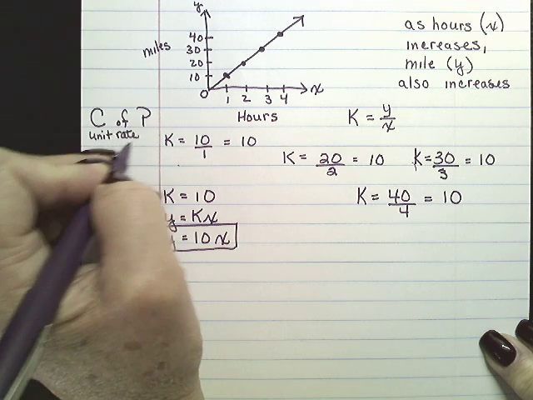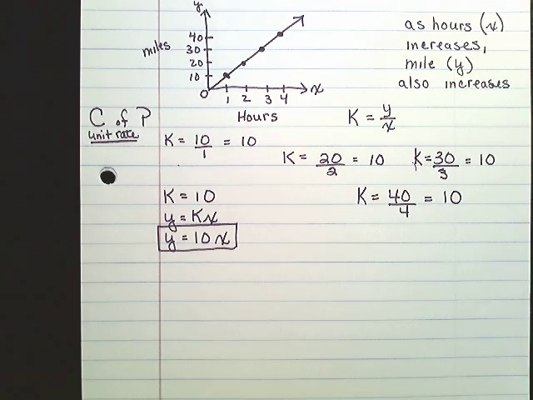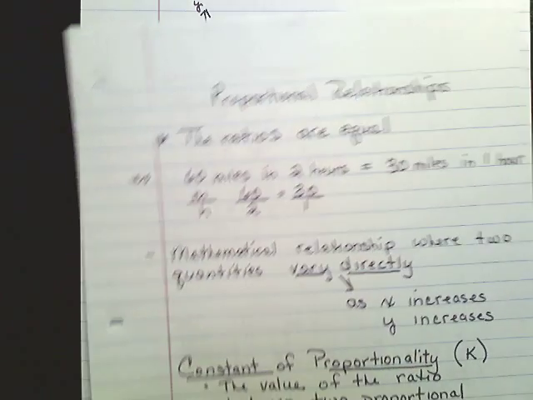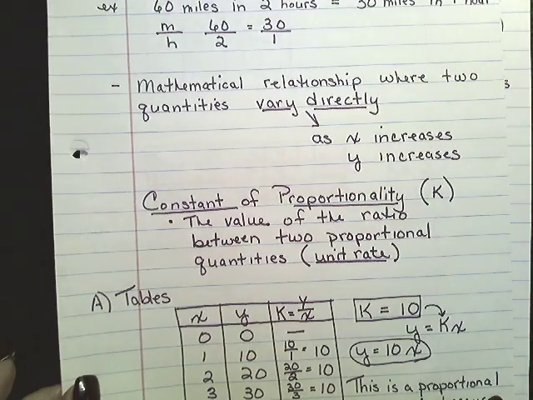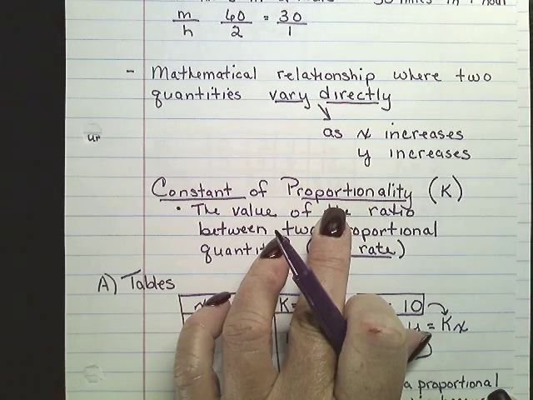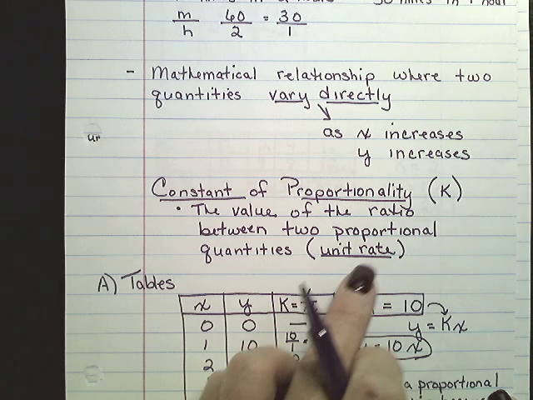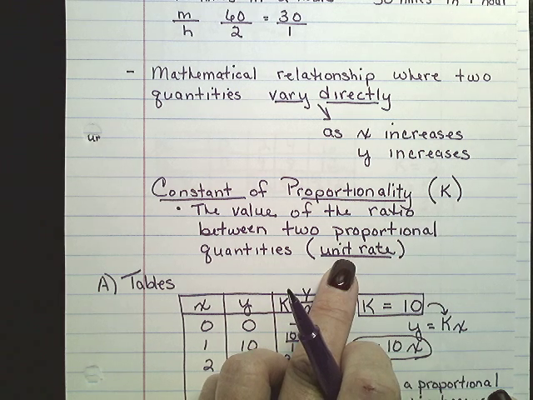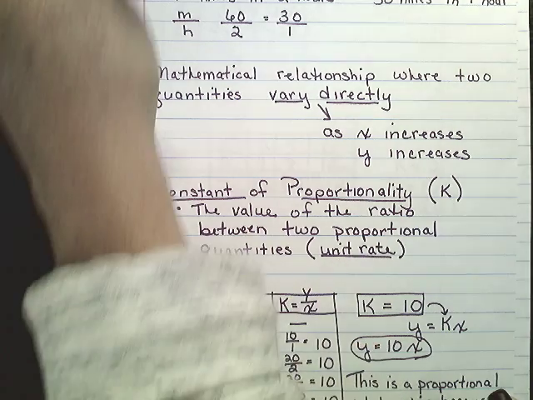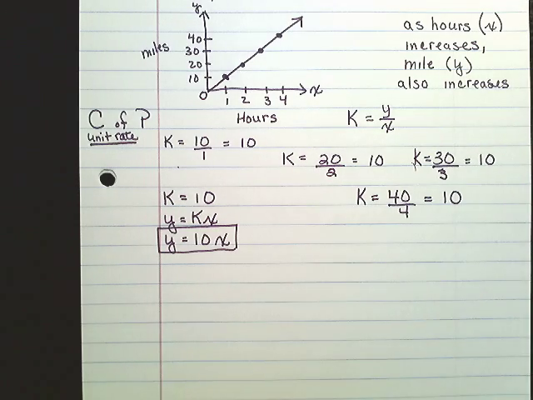We talked about that in our first set of notes. We said that the constant of proportionality, which is represented with the letter K, is nothing more than our unit rate. That's what we're looking for. So the constant of proportionality is a ratio that represents our unit rate.